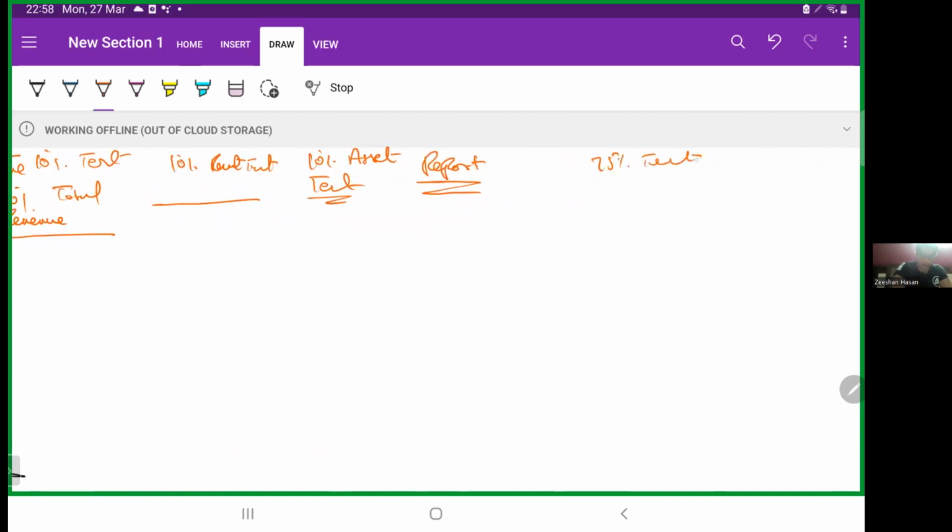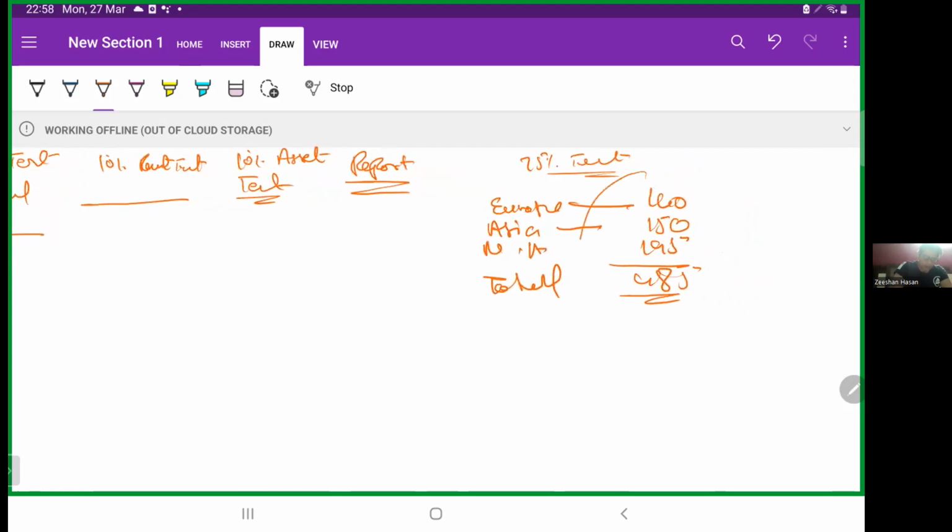For the 75% test, let us look at Europe, Asia, North America, and the total. Europe 140, Asia 150, North America 195. The total is 485.